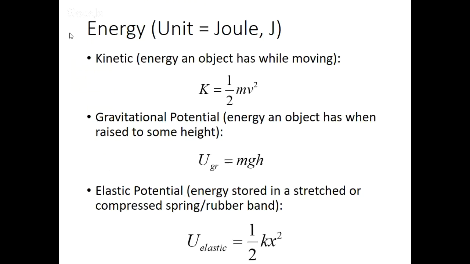So the content on this test starts way back when we started talking about energy. There are three different types of energy that we've discussed so far. That's kinetic, gravitational potential, and elastic potential. Don't confuse elastic potential energy with elastic collisions. They don't necessarily mean the same thing.